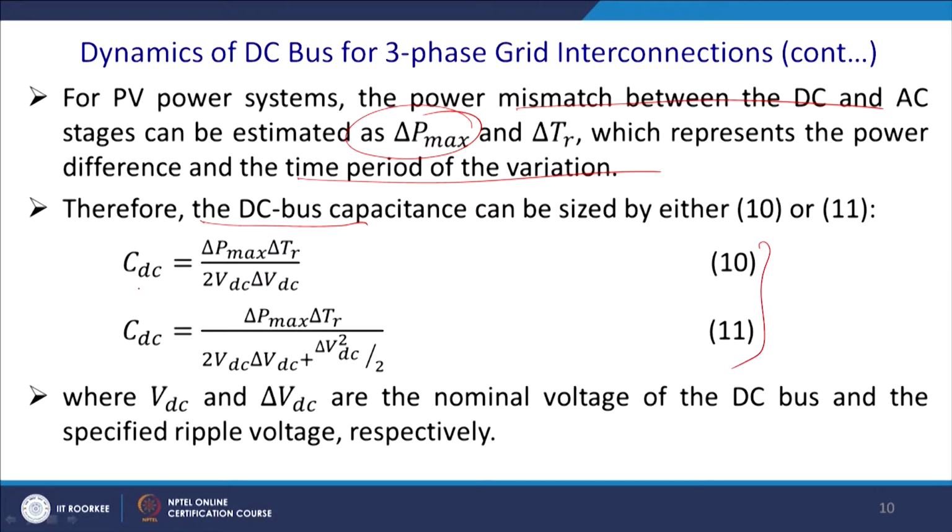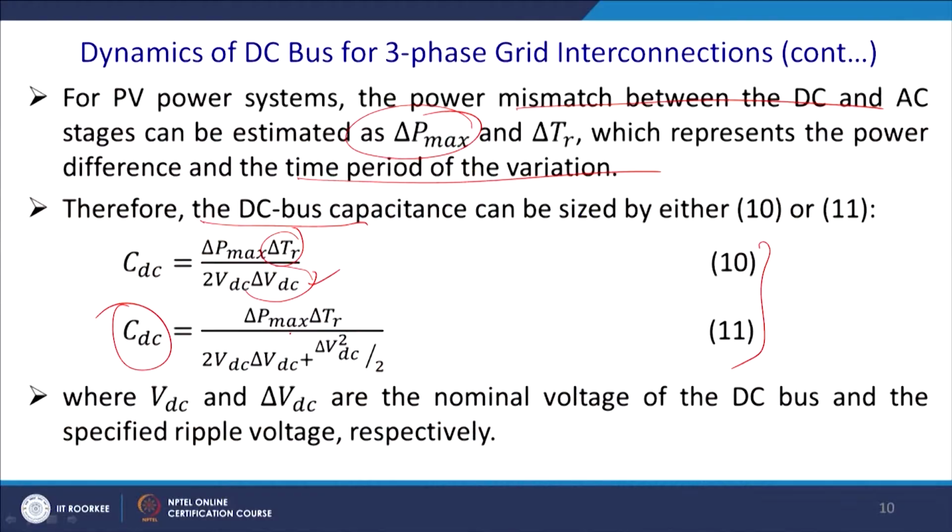That is the maximum power, I max into V max, or the I magnitude into V magnitude, into ΔT_R for the duration where the maximum power has occurred, and 2 V_DC into the ripple voltage of this V_DC. So, the lesser the capacitor value, the lower the ripple will be in that way, or you can predefine that the ripple is 2%, 5%, and accordingly you calculate the value of the capacitor.